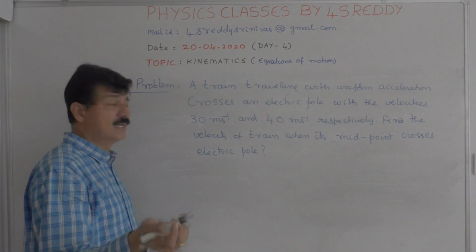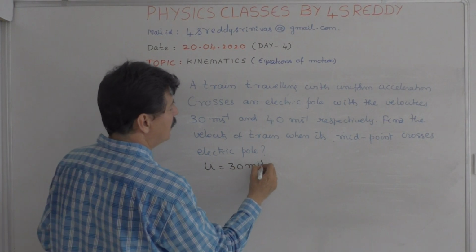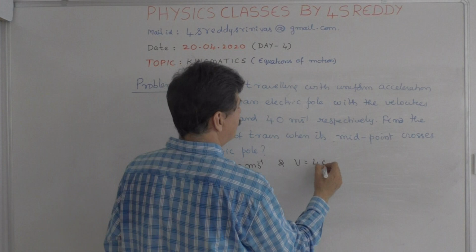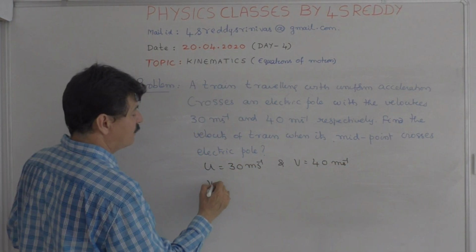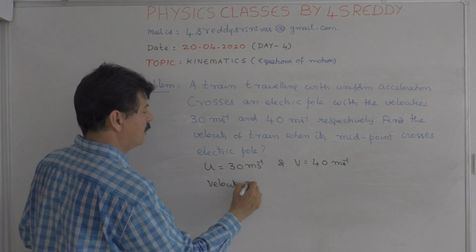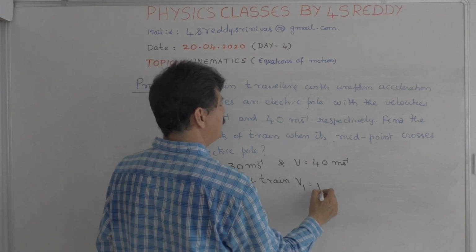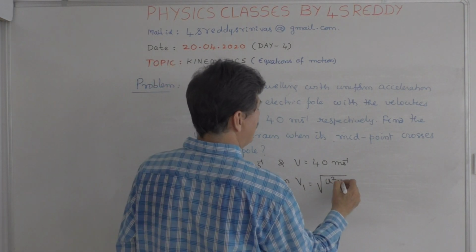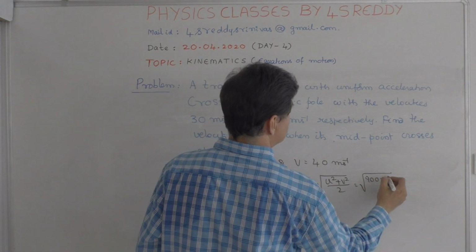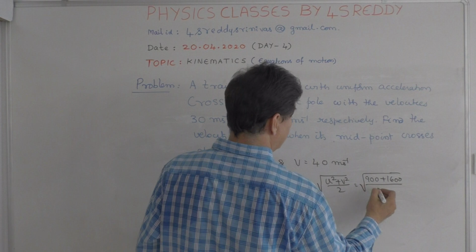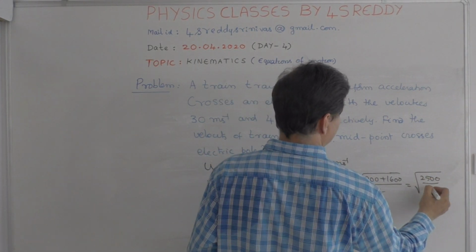So already we know that. Here u is given as 30 meters per second and v is given as 40 meters per second. Therefore, the velocity of the train v1 is given by root of (u square plus v square) by 2, root of (900 plus 1600) by 2, root of 2500 by 2.